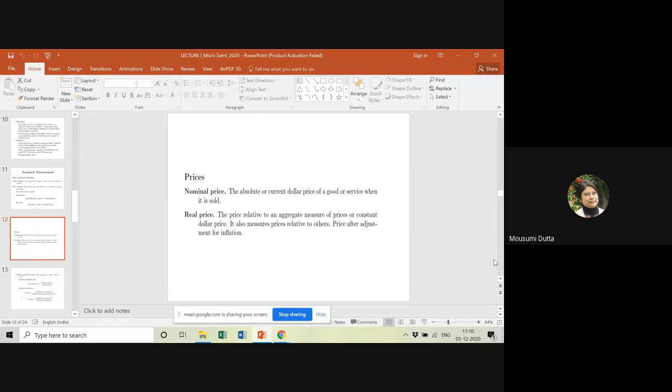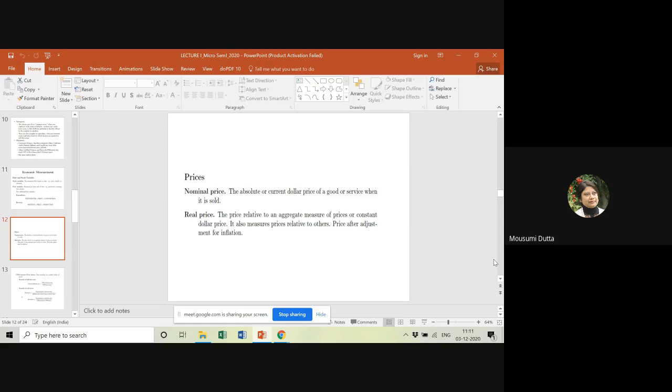Okay. This concept of real price is more important to a student of economics because this real price will tell us about the purchasing power. It will state the purchasing power because it is the price adjusted by the inflation rate.